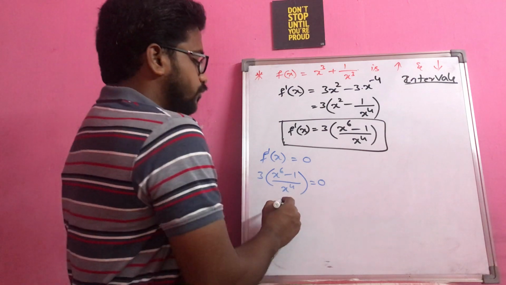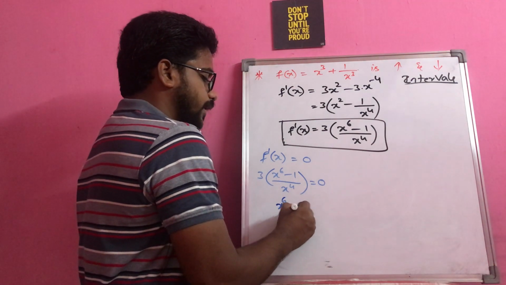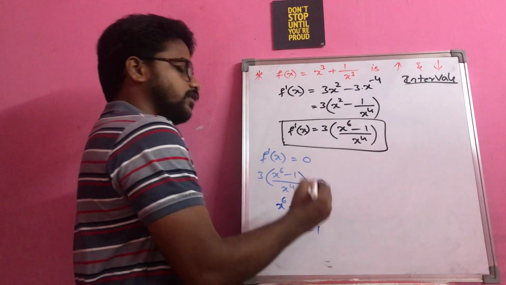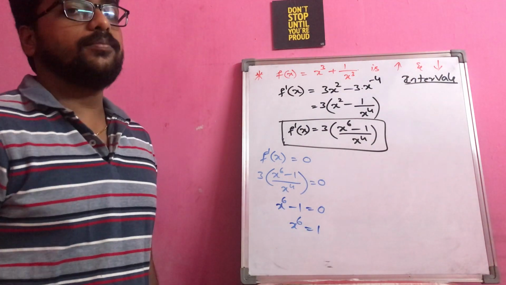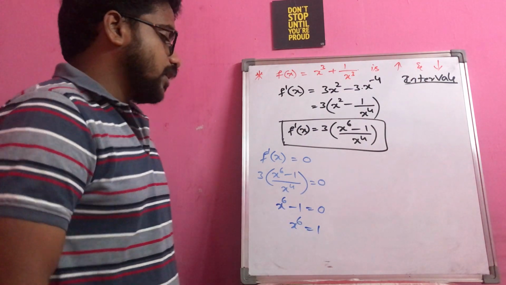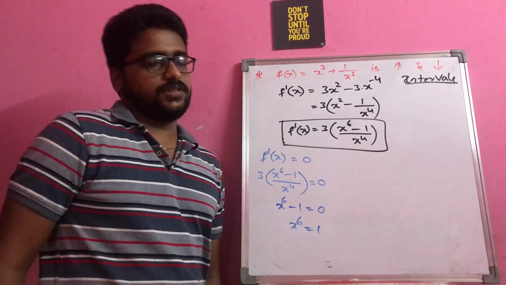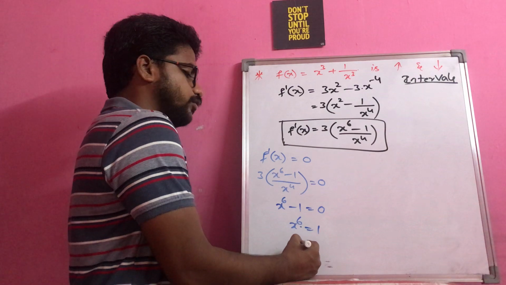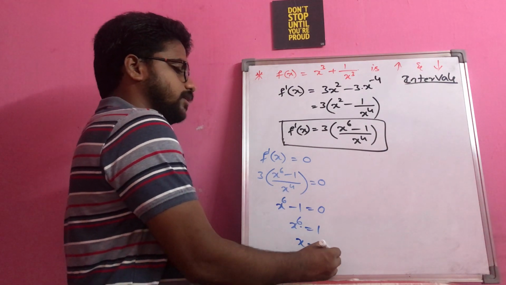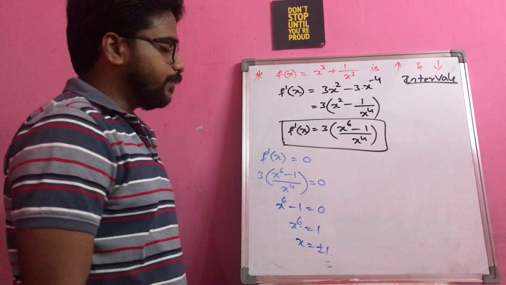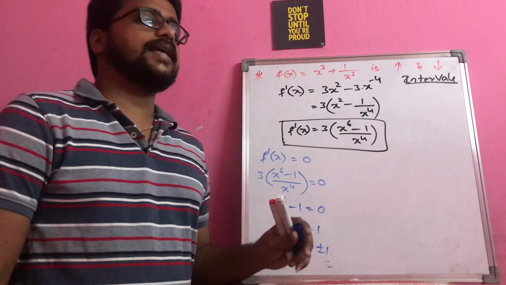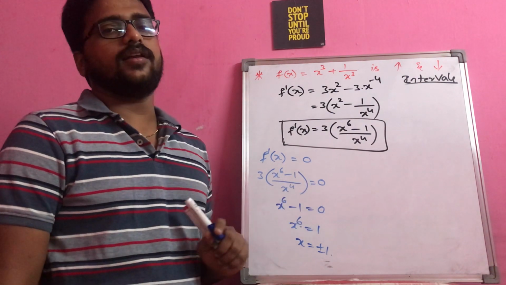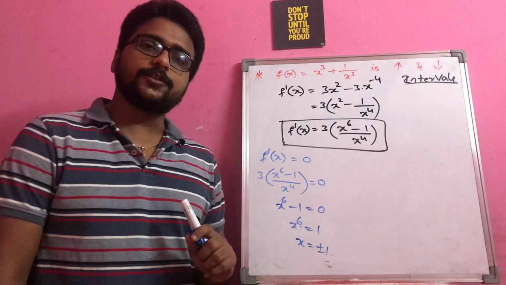After simplifying, we get x power 6 minus 1 is equal to 0, x power 6 is equal to 1. Now the main question is how you are going to get the values for this. Simple thing, it's an even power, so you will get the values of x as plus or minus 1, right? Because you can write this as x cube whole square, and if you simplify this, you will get the value of x as plus or minus 1.